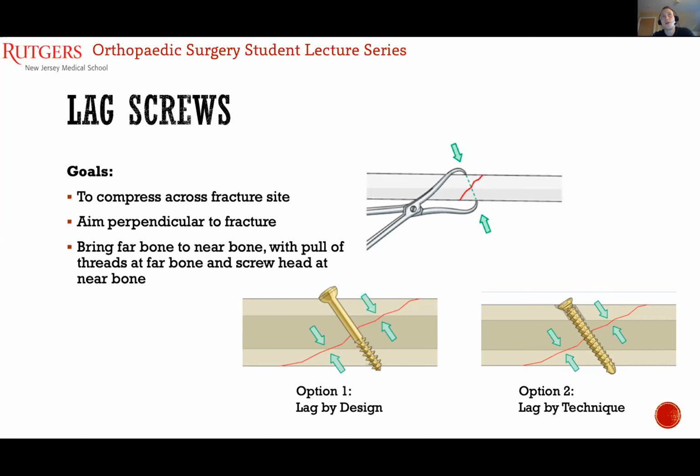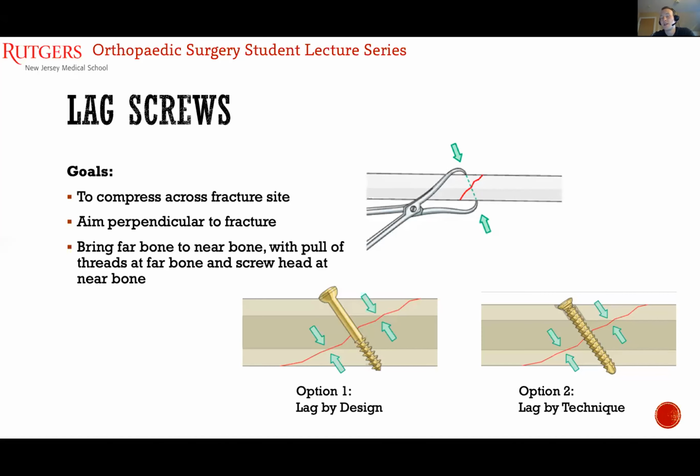If you are using a lag by design screw, you have to use some amount of imagination and extrapolation of what you can see on the x-ray. There maybe is already an implant on the x-ray that you know the size of. Let's say you've already put a 4.5 screw in, so therefore you know what 4.5 millimeters looks like. And then you can look and see how much bone you have on the far side of the fracture.